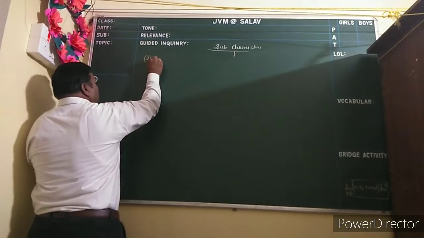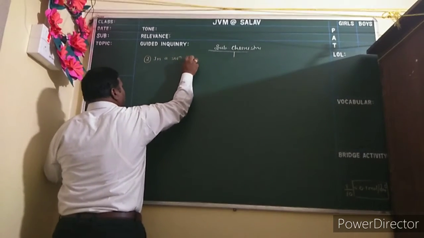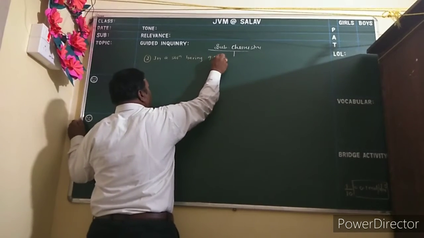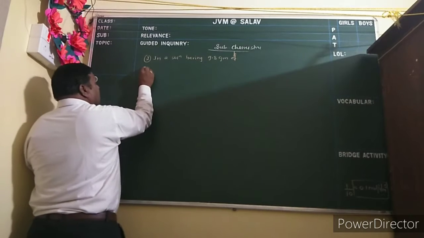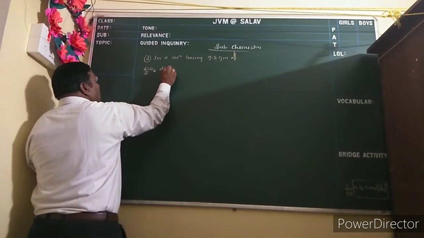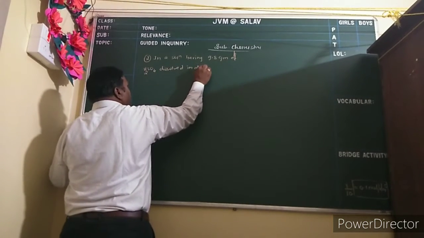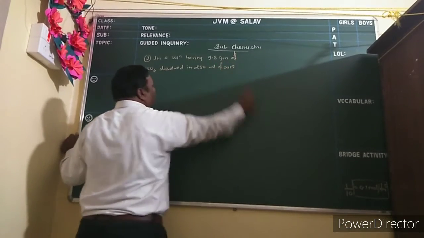Second one: a solution having 9.8 gram of H2SO4 dissolved in 250 ml of solution.